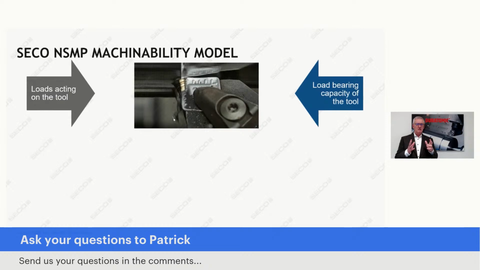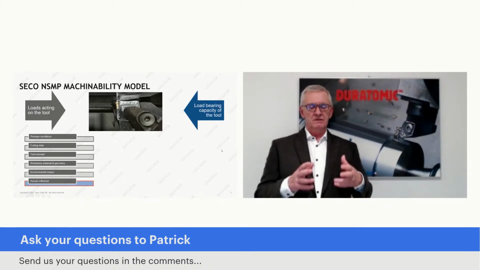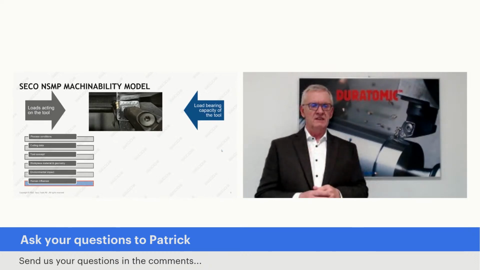Basically you can see machining as a process where on the one hand you have a cutting tool with a certain load bearing capacity, and that tool is used in a manufacturing process that is putting loads on the tool, and we have to find a balance there, so that the two things are in good combination, so things work as they are supposed to work.